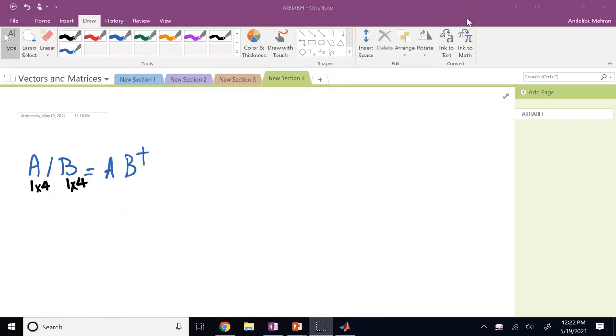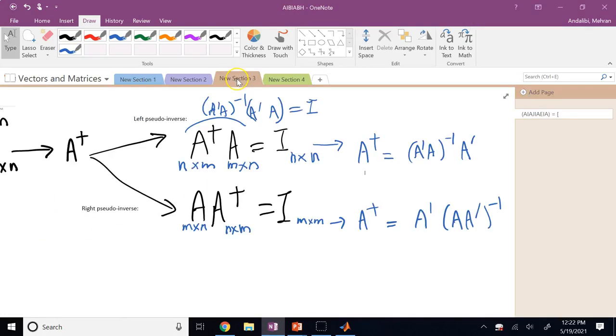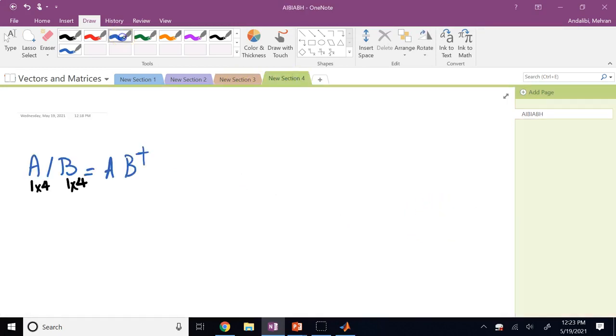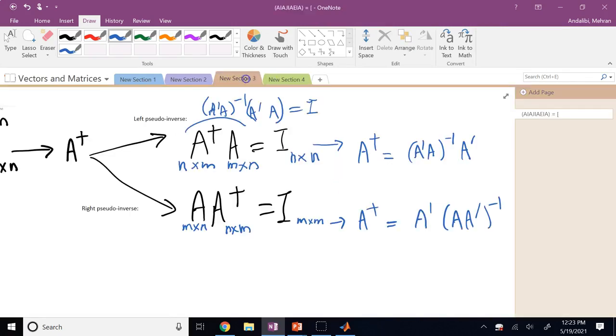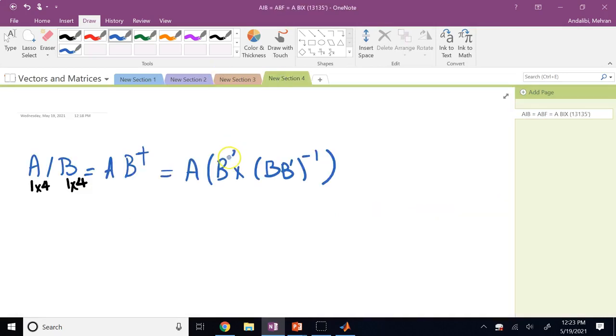So here, this B, which is on the right-hand side, it follows this one. So it is going to be B transpose times inverse of B transpose. Okay, so if I write it, it's going to be A times B times inverse of B transpose. Right? It's the right pseudo inverse of B. This is B transpose.